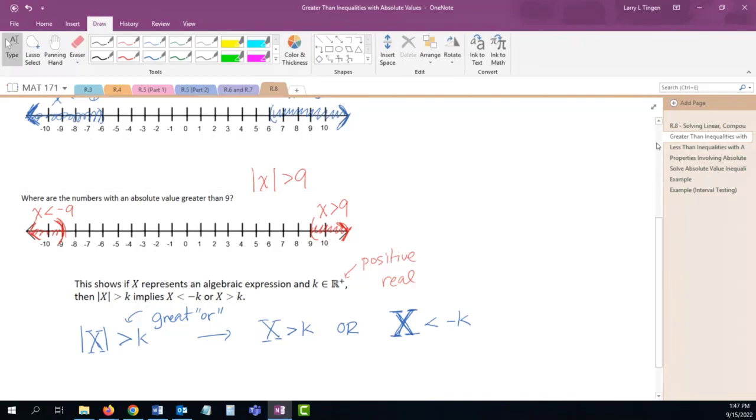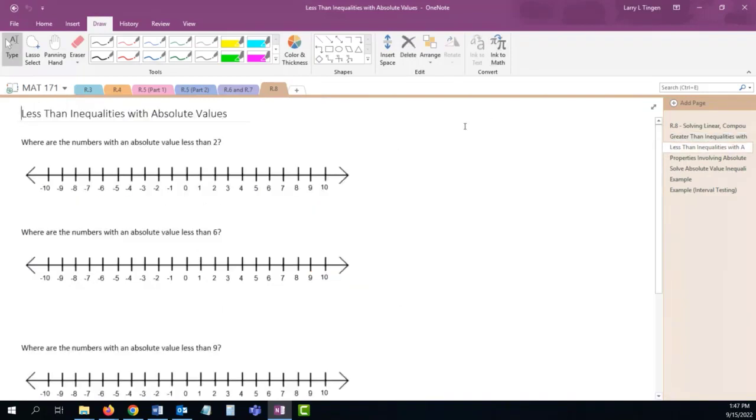Now, let's see what happens when I change the direction. What about the absolute value less than 2? Where are the numbers that have the absolute value less than 2? Think about this one again. Absolute value is distance.